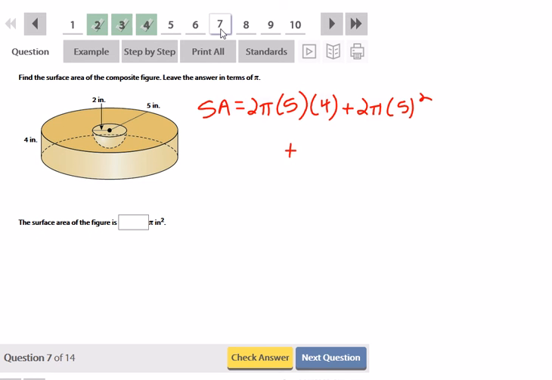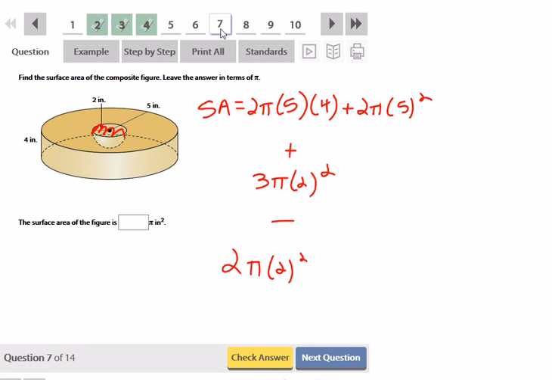That would be plus the hemisphere, which is 3 pi r squared, and the radius there is 2 squared. But then minus, I'm going to have to subtract 2 of these circles here. A circle is pi r squared, and the radius of that circle that's part of the hemisphere, that great circle, is 2. So 2 pi times 2 squared.